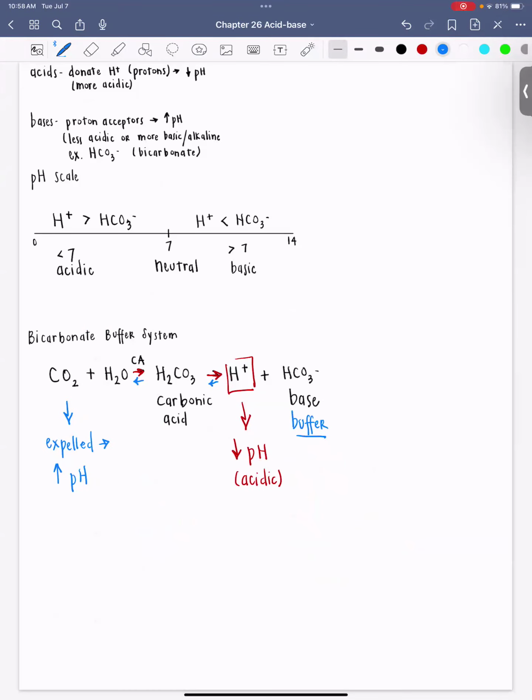So something you need to understand, and this equation shows you, is the relationship between carbon dioxide, hydrogen, and pH. The more carbon dioxide in our system, the lower the pH. And the less carbon dioxide, the lower the hydrogen ion concentration, and therefore the higher the pH.